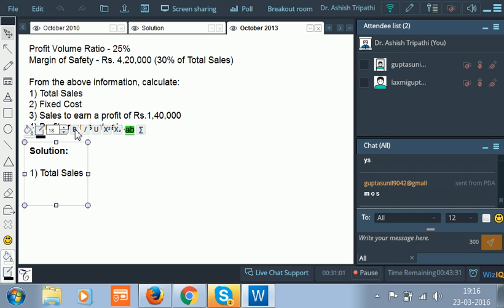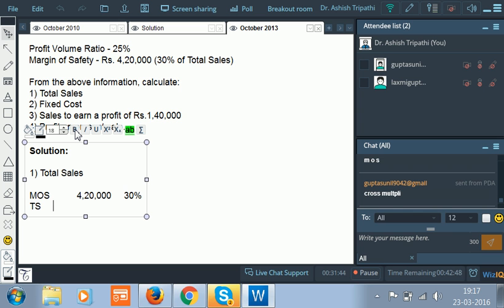Very good Sunil. With the help of margin of safety, we will be able to get total sales. So let us apply the formula. In fact, we don't require the formula. What they are saying is margin of safety is 4,20,000, which is 30% of total sales.